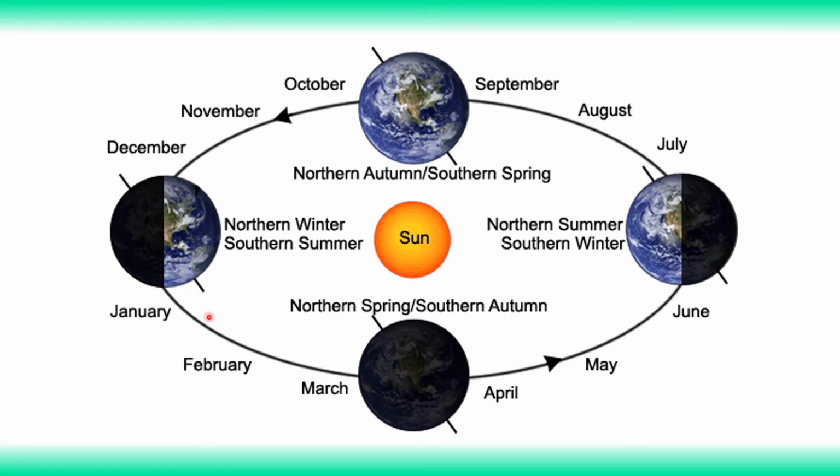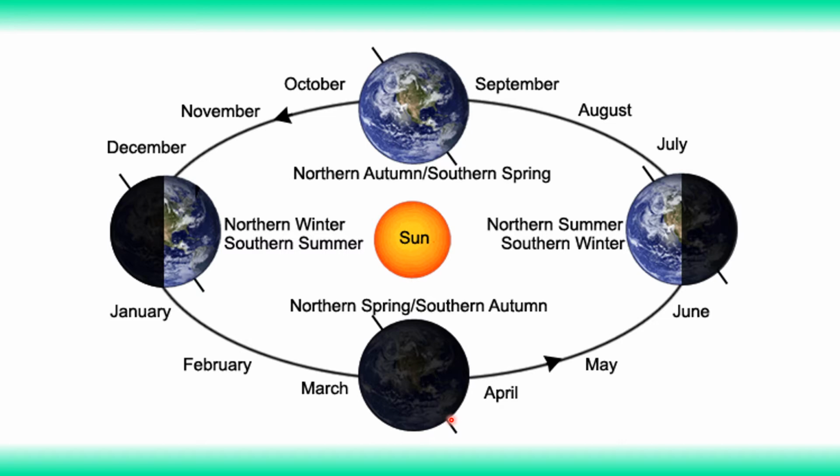And then as the Earth moves around its orbit, it goes in this direction like this. So as it moves around its orbit, we get to a point where neither the North Pole nor the South Pole is tilted towards or away from the sun. They're both an equal distance from the sun.